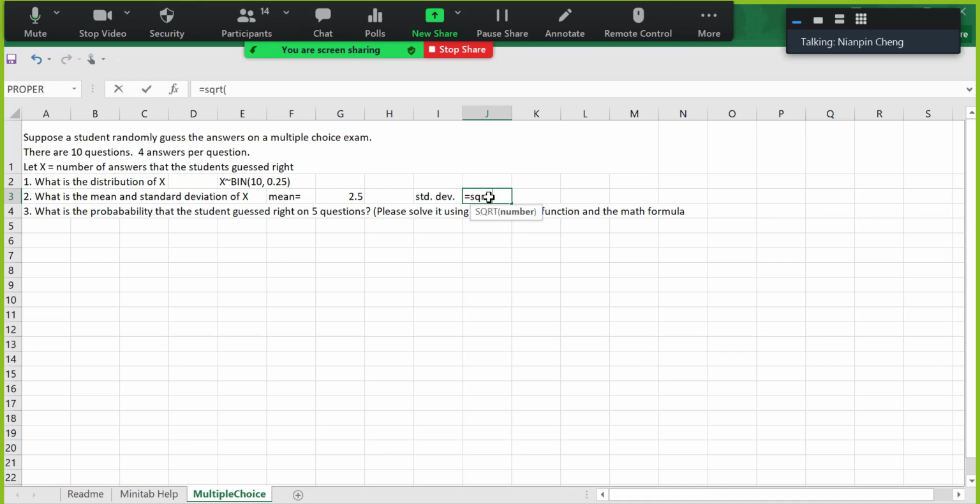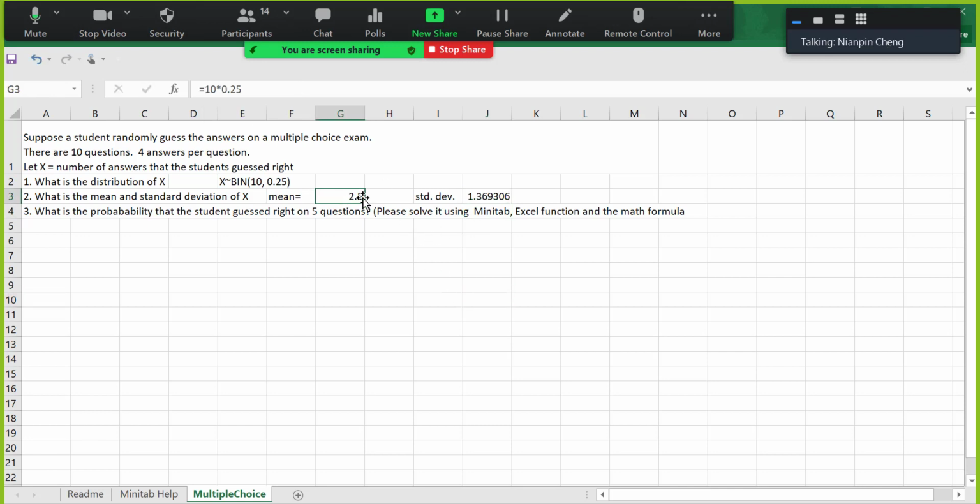Variance is p multiplied by 1 minus p, the probability of guessing correct multiplied by the probability of guessing wrong, the failure, and also multiplied by n. So np times 1 minus p.